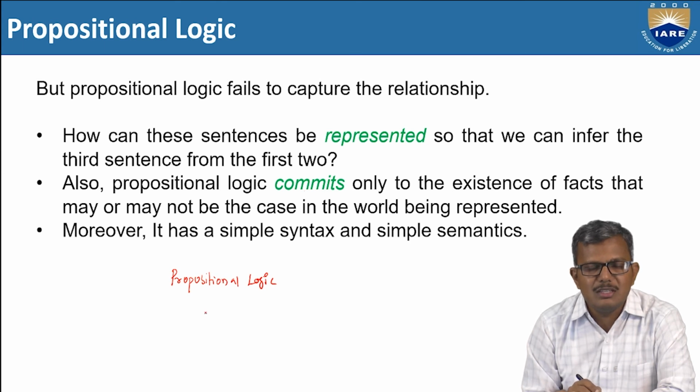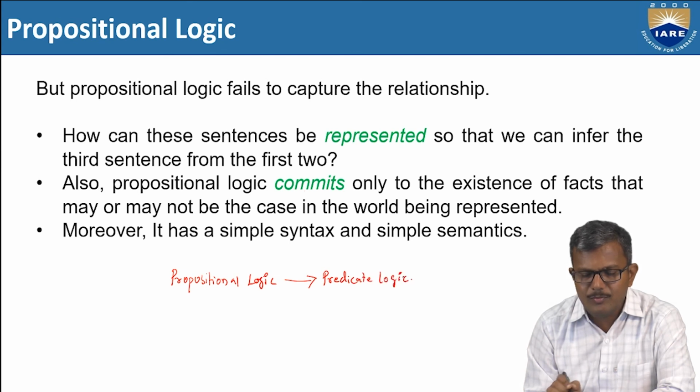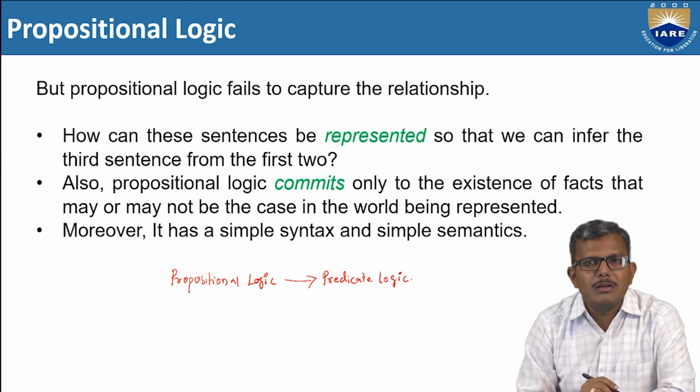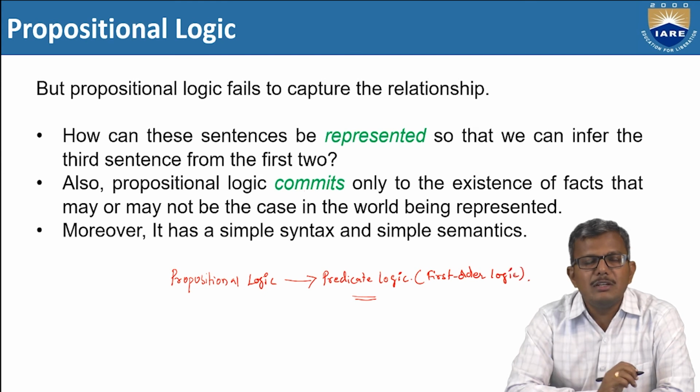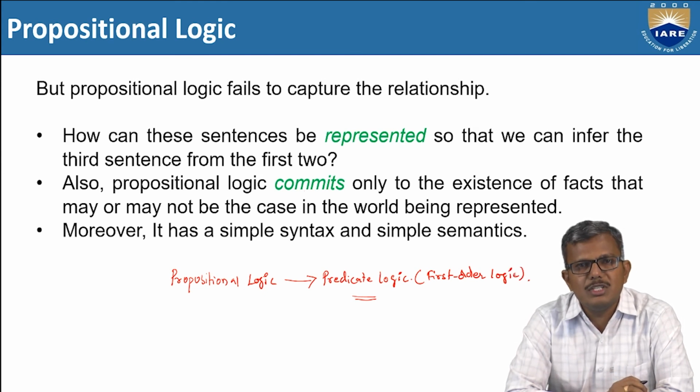For this specific reason, we are looking into another important language of logic, which is called predicate logic. Of course, predicate logic is sometimes also called first order logic. We will see more clearly about first order logic or predicate logic in the coming session.